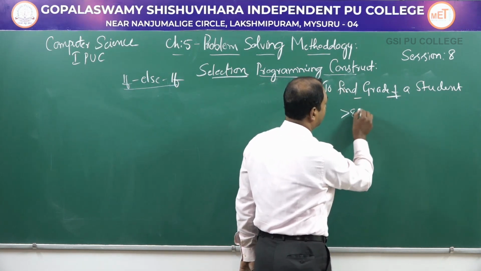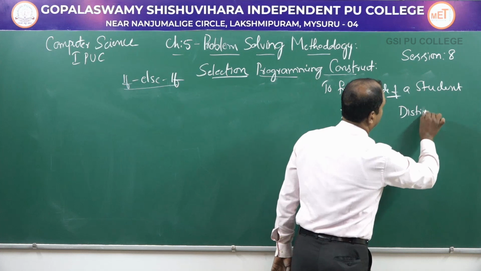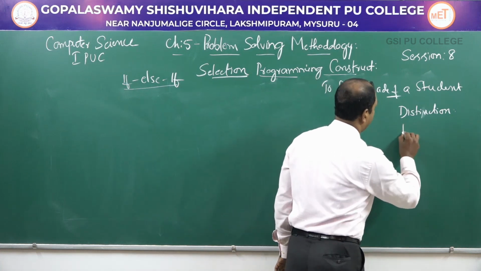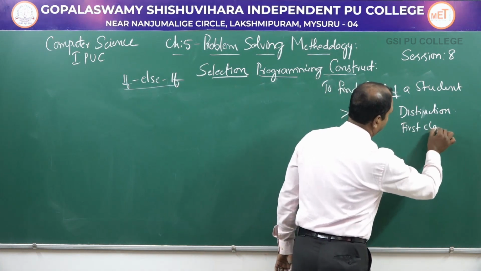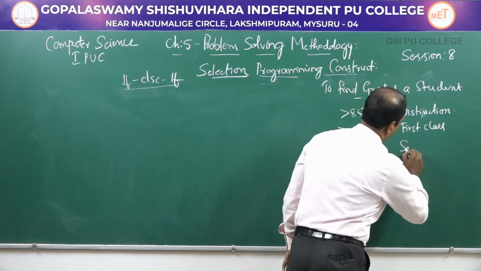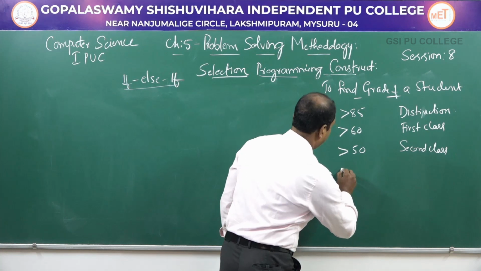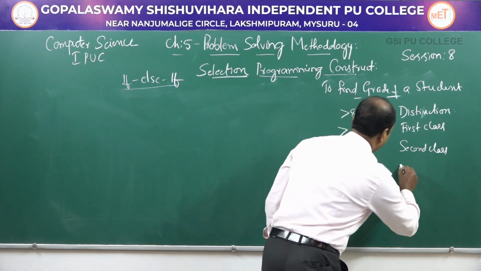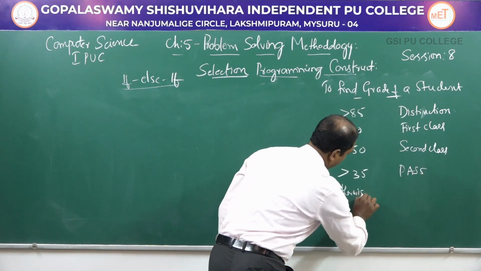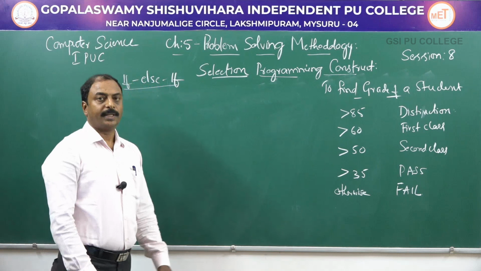If it is above 85%, we have to give distinction; greater than 60, first class; greater than 50, second class; greater than 35, pass class; otherwise fail.